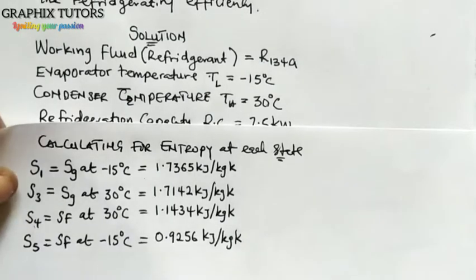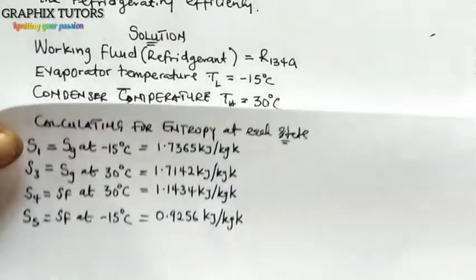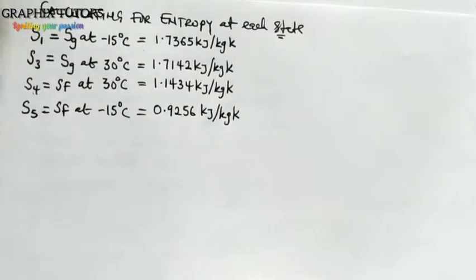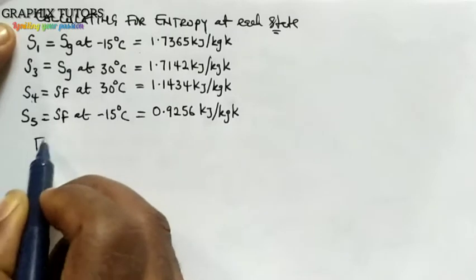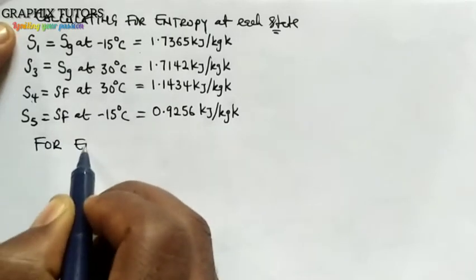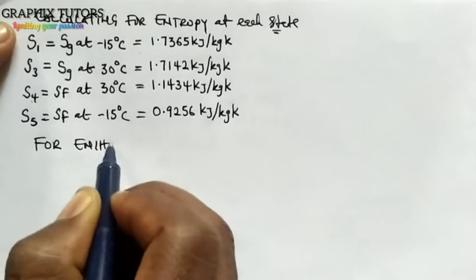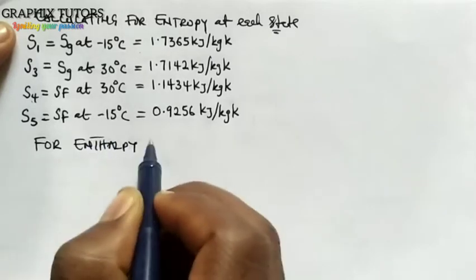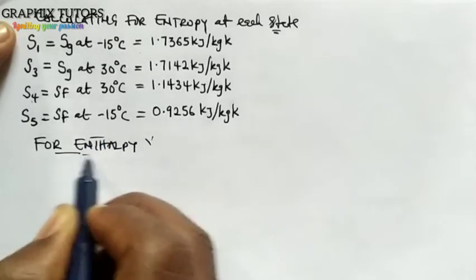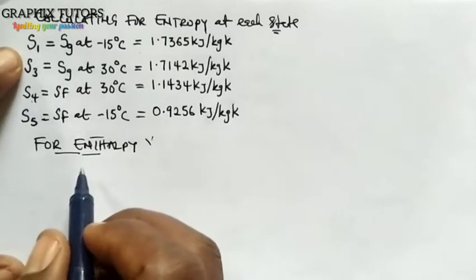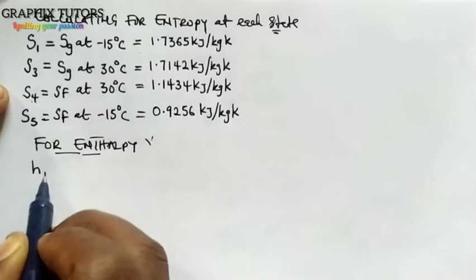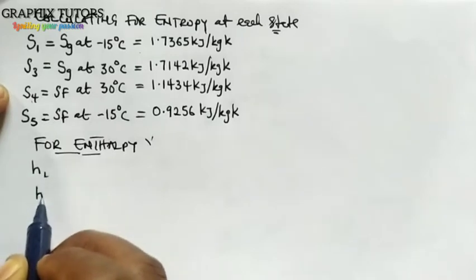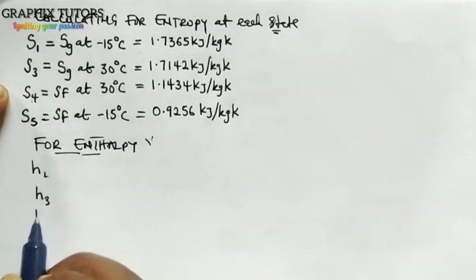I'll also do that for what? For enthalpy. So let's move that and do for enthalpy and see. So for enthalpy values, right? So just like we have S1, S3, S4, and S5, we also have H1, H3, H4, and what?